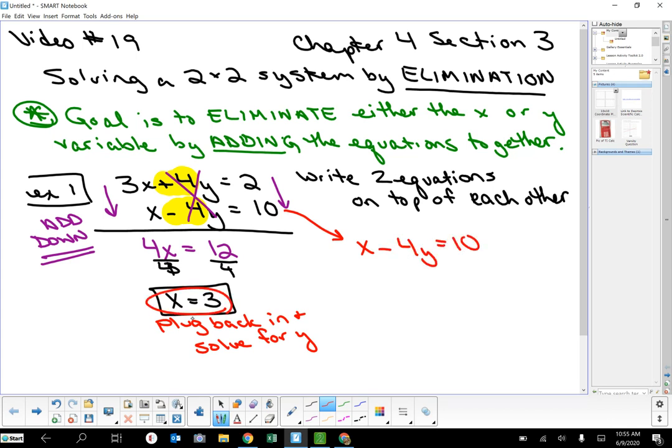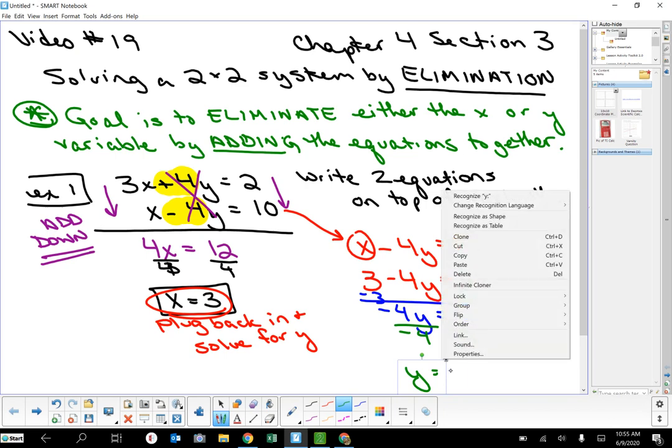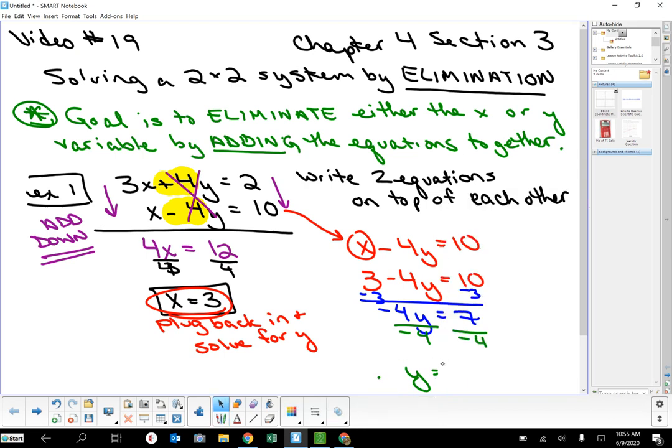Well, I know x is 3, so this guy's going to become 3. I'm going to move the 3 over, and I'm going to divide by negative 4. And y equals negative 7/4.